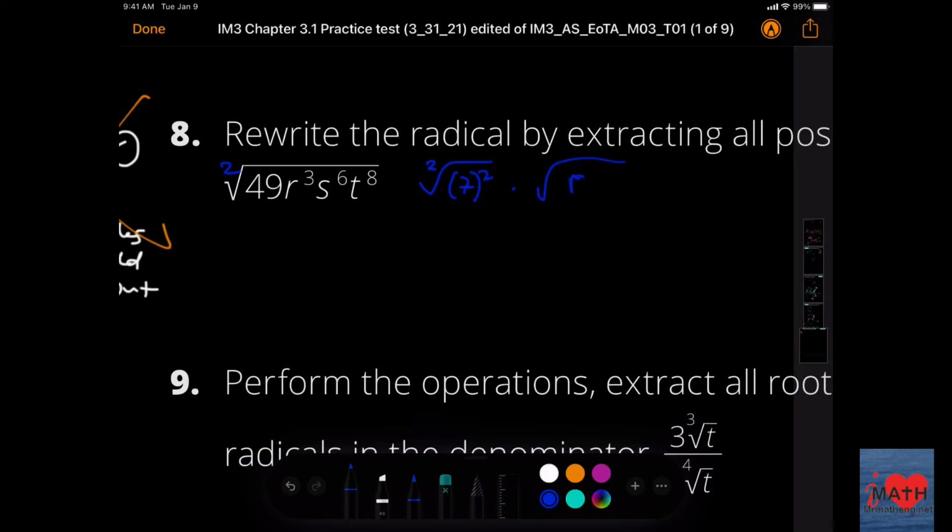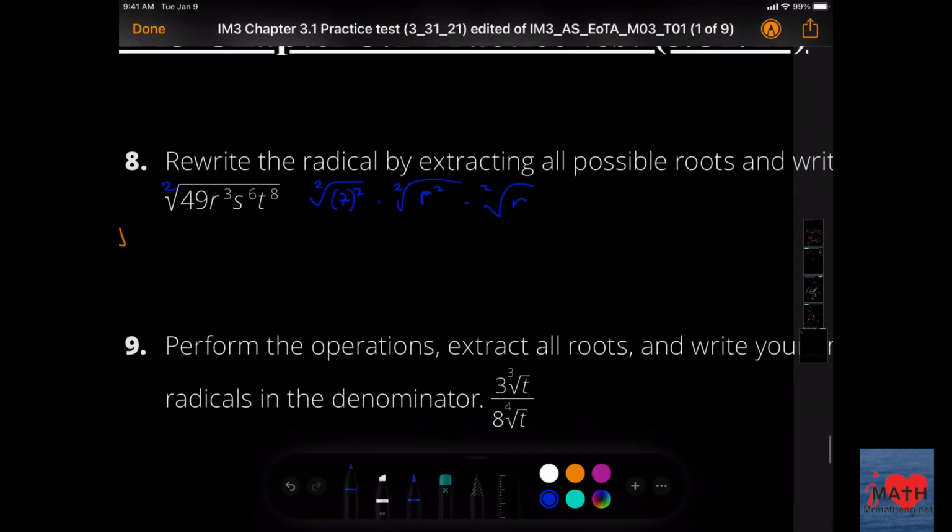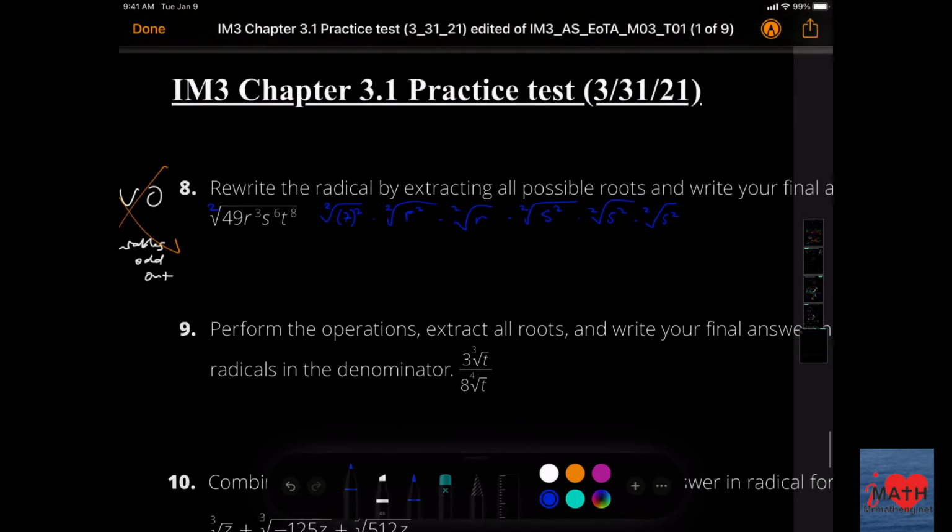R to the third is R to the second times R. S to the sixth, the easiest one is you couldn't break it up, but you can think of it as S to the... you can write all these out. I mean, you could, but I'll just show you the long way, one way of understanding the problem.